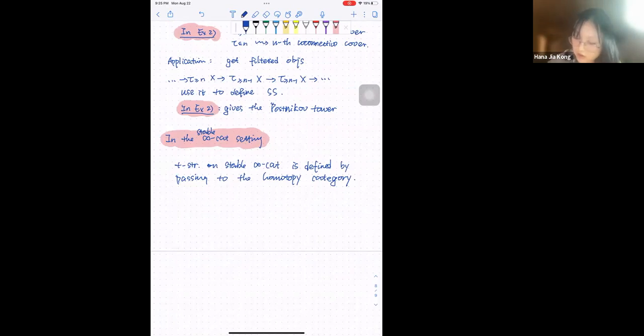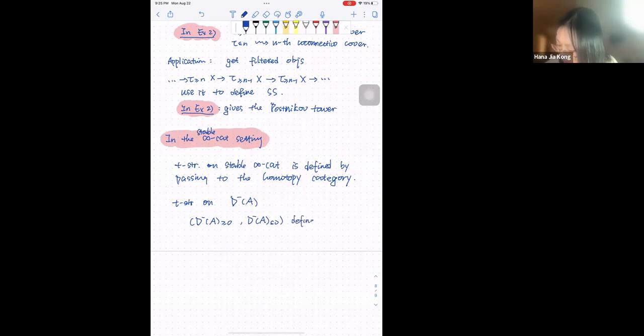And so when we look at the infinity category of the derived category of A, a t-structure on this is defined as follows.